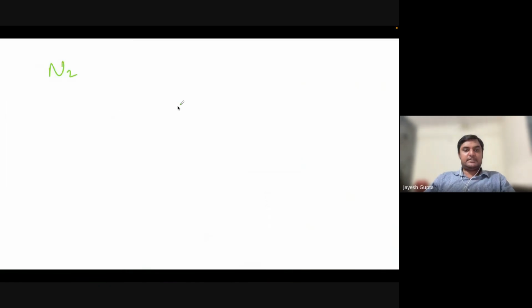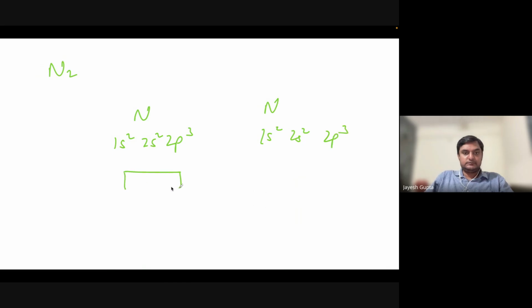In the first step, you write the electronic configuration for both. That will be 1s2, 2s2, 2p3, and 1s2, 2s2, 2p3. So 2p3 will be looking like this, with a single electron in each orbital.